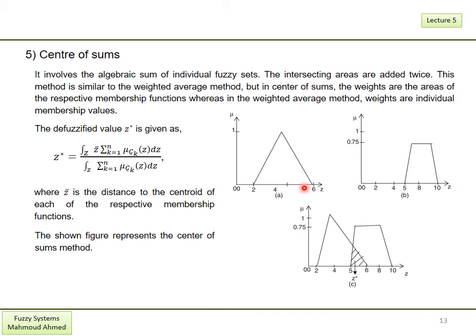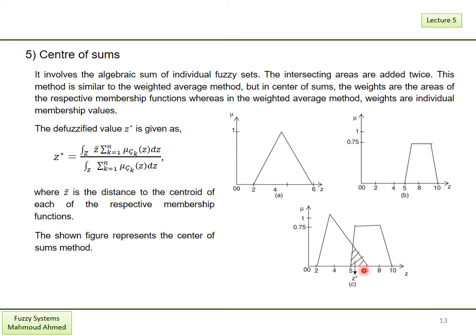By overlapping these fuzzy sets on each other, we get the result of the two fuzzy sets together. We can find that the intersection area is this area which is hashed.